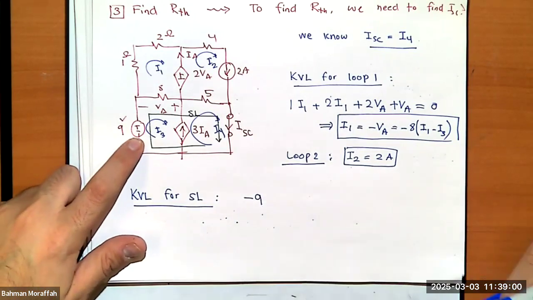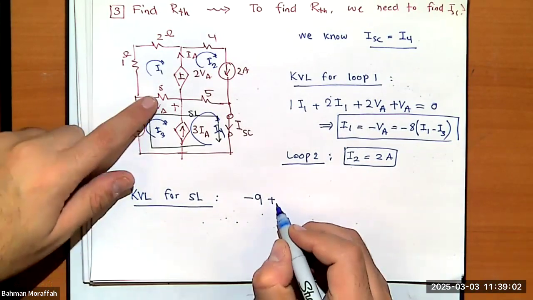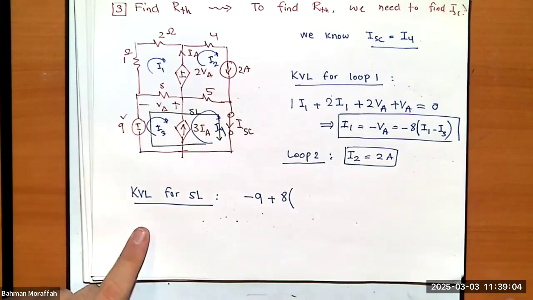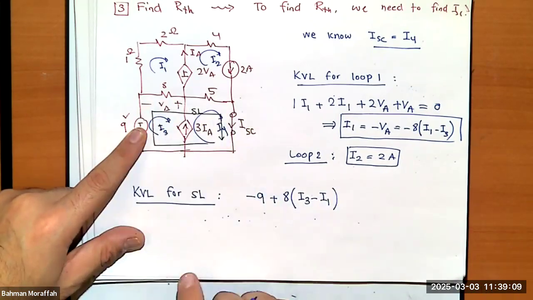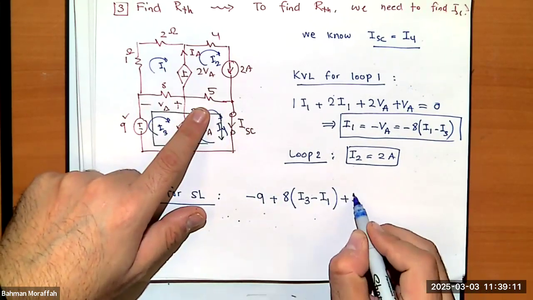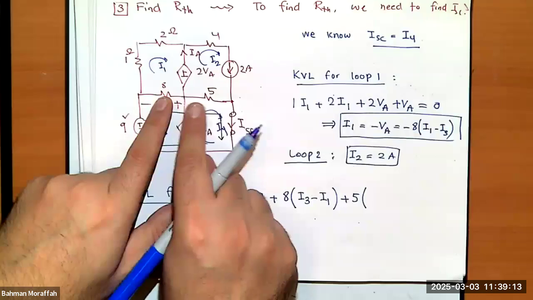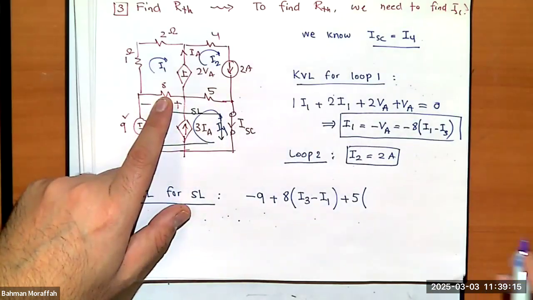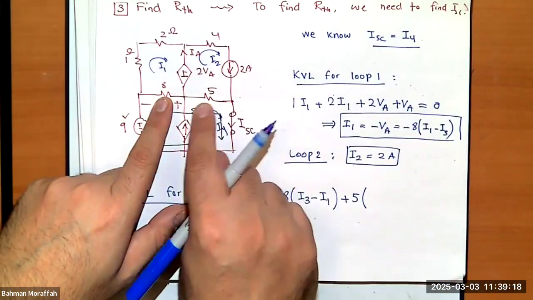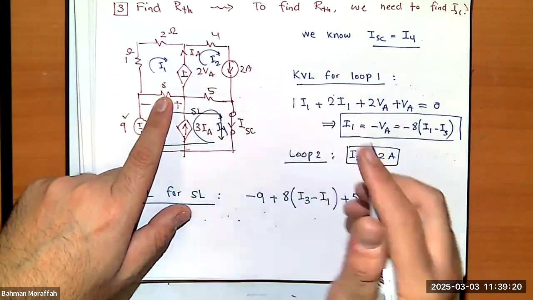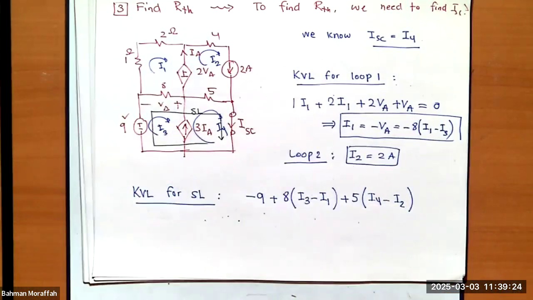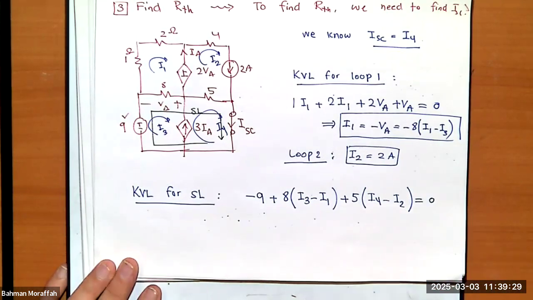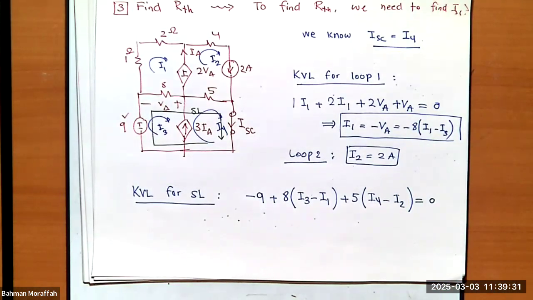I have minus 9 plus 8 times I3 minus I1, which is over here, plus 5 times, what is current through this? What is current through this 5? It's I4 minus I2, right? And that must be 0, right?